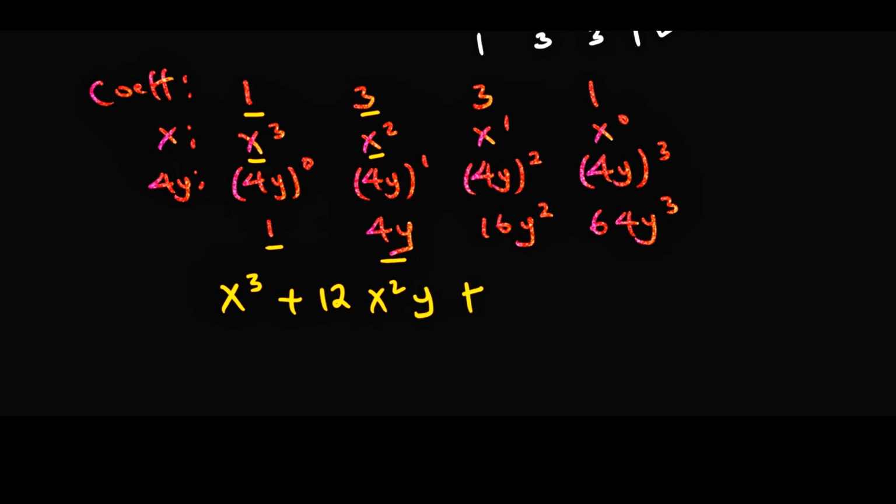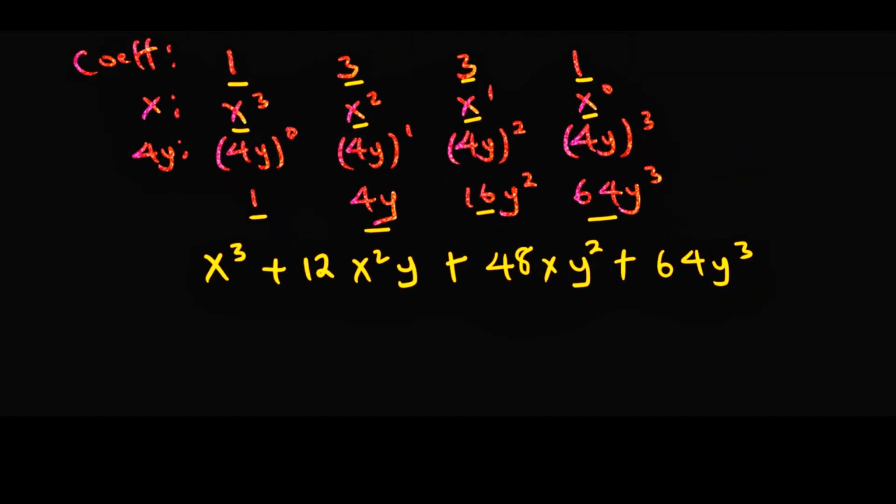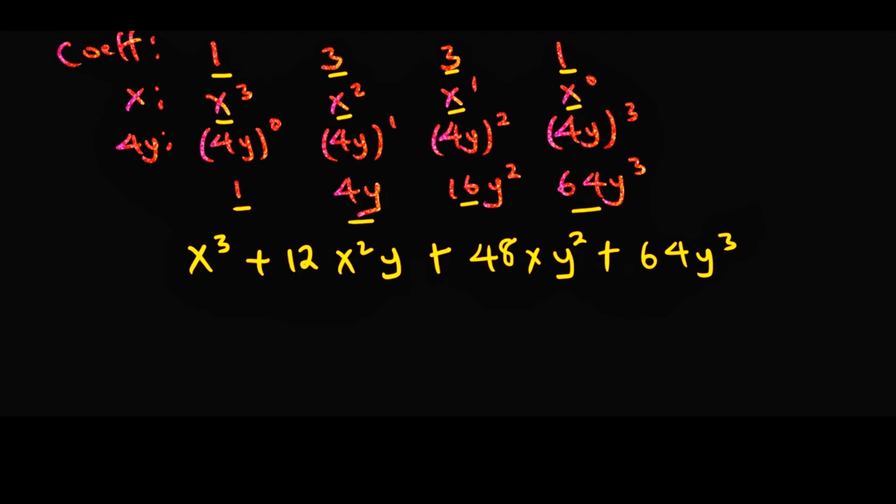Then the next one, 3 times x power 1 times 16, that is 48 x y power 2. And finally, we have 1 times 1 times 64 y power 3, which is just 64 y power 3. So that is the expansion for part A, which was (x + 4y) raised to power 3.